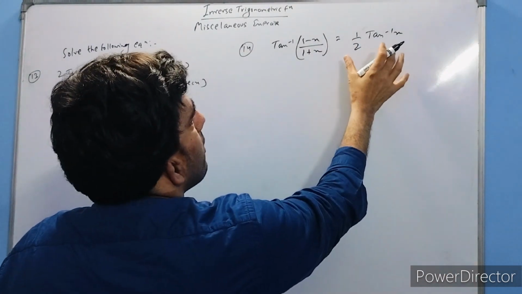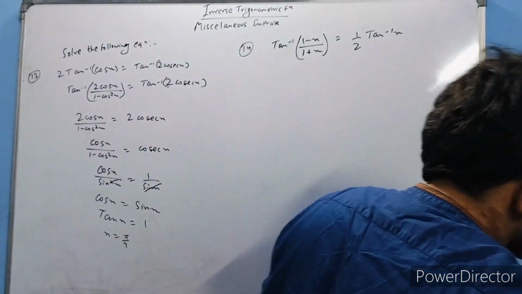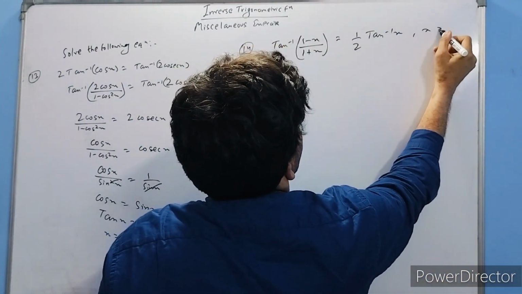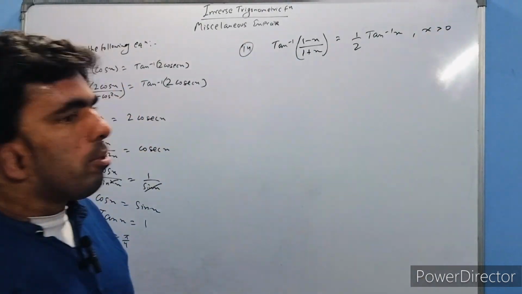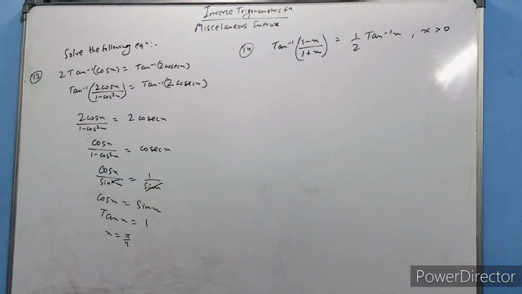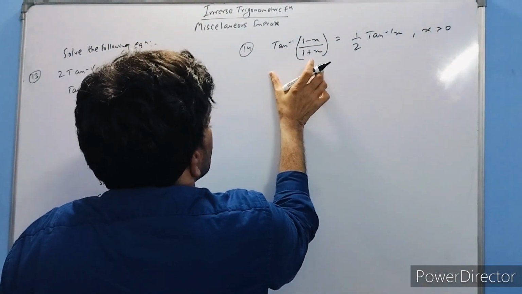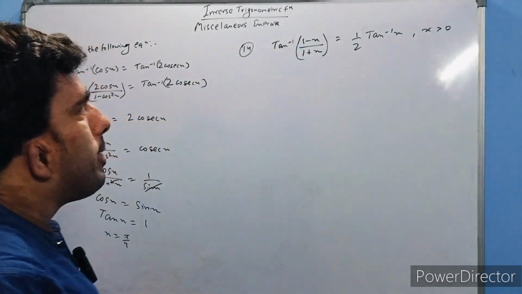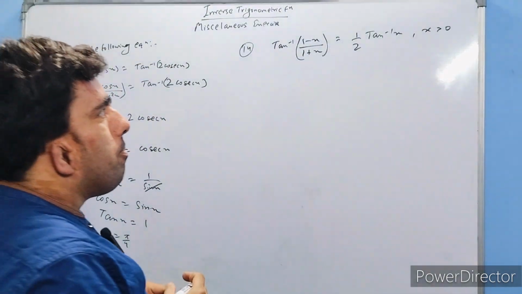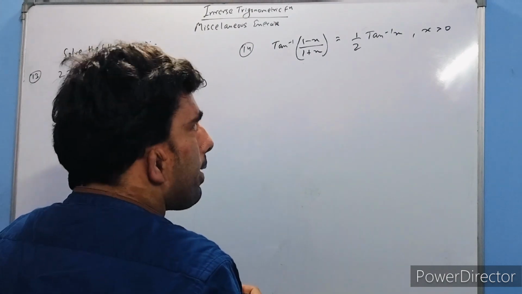Now we have given the condition also that x is greater than 0. So we have tan inverse (1 minus x upon 1 plus x) is equal to half of tan inverse x.